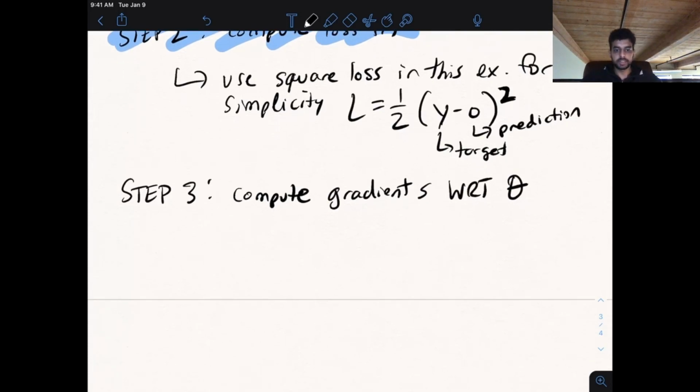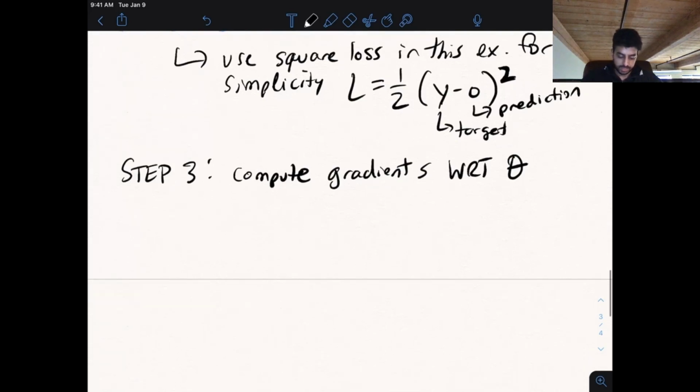Nowadays there are tools that do it automatically, which has contributed a lot to advancing research in NLP over the last couple of years. We'll get to that in another video where I go through how you actually code these things up in PyTorch. But not to get too off track here.